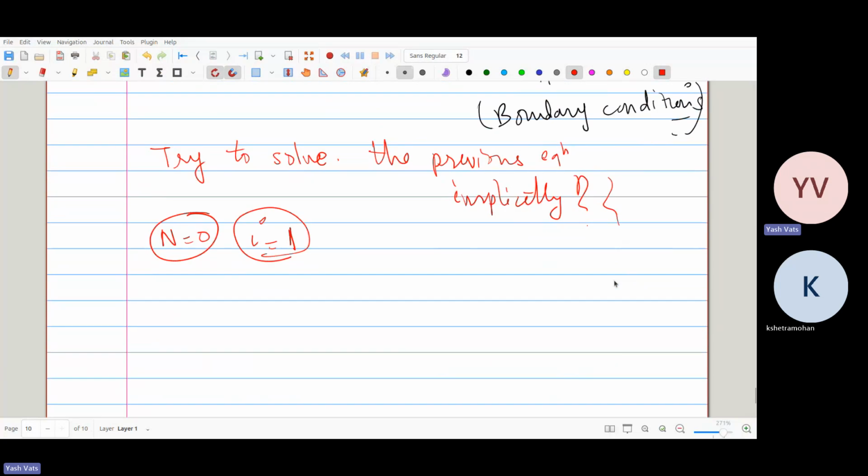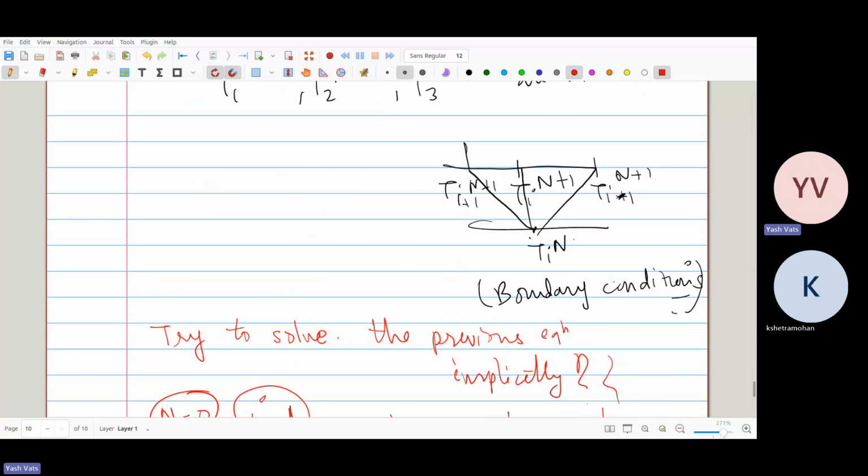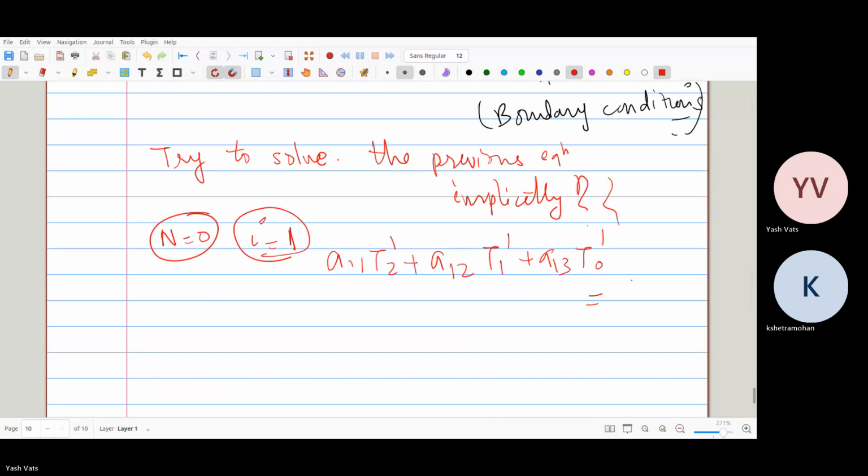So I write something like A11 T21 plus A12 T11 plus A13 T01, which is the same as minus something minus T10.